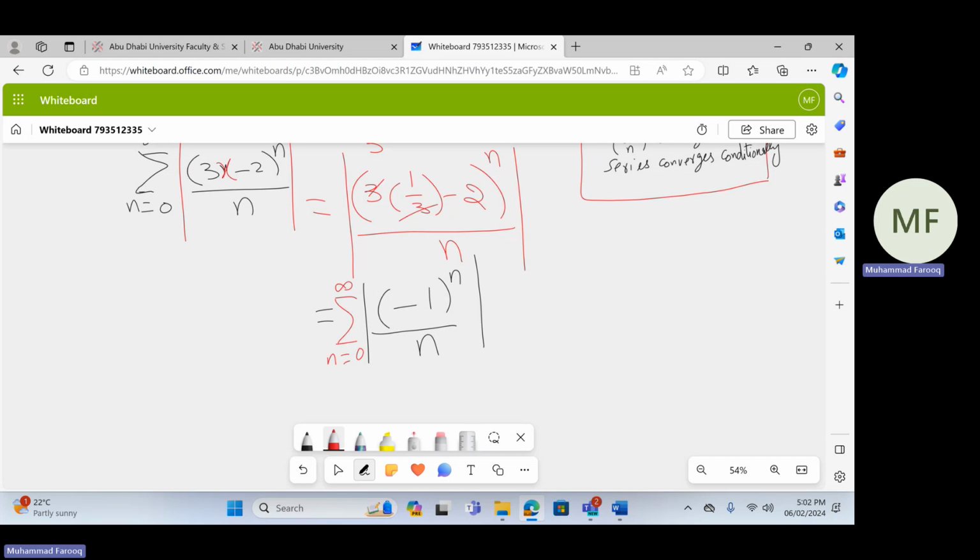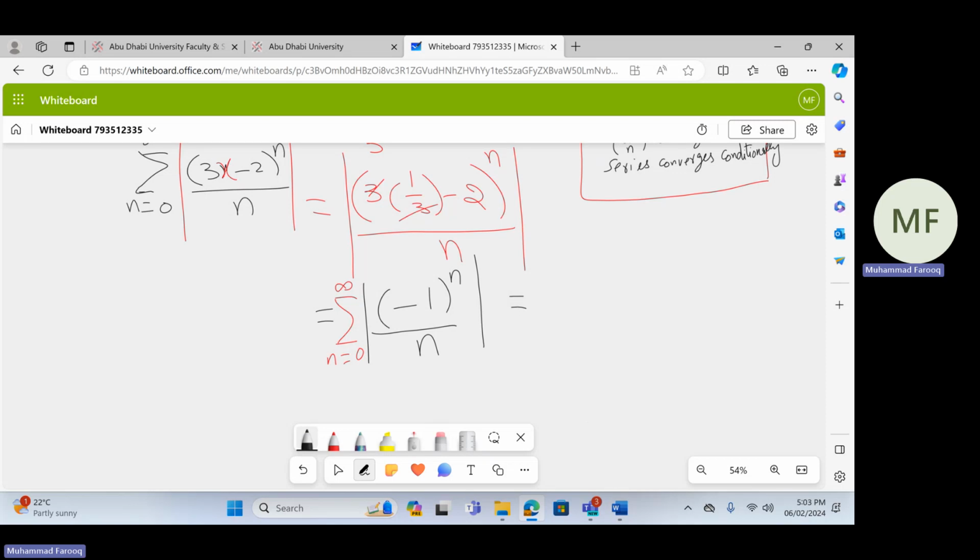Now please do one more thing here. Minus 1 to the power n: when you put some values of n, what do you get? If I put n as 0, one. When I put 1, negative one. If I put 2 or 3, positive or negative alternately. Be careful: minus 1 to the power n has absolute value, so please tell me, the numerator answer is always positive.